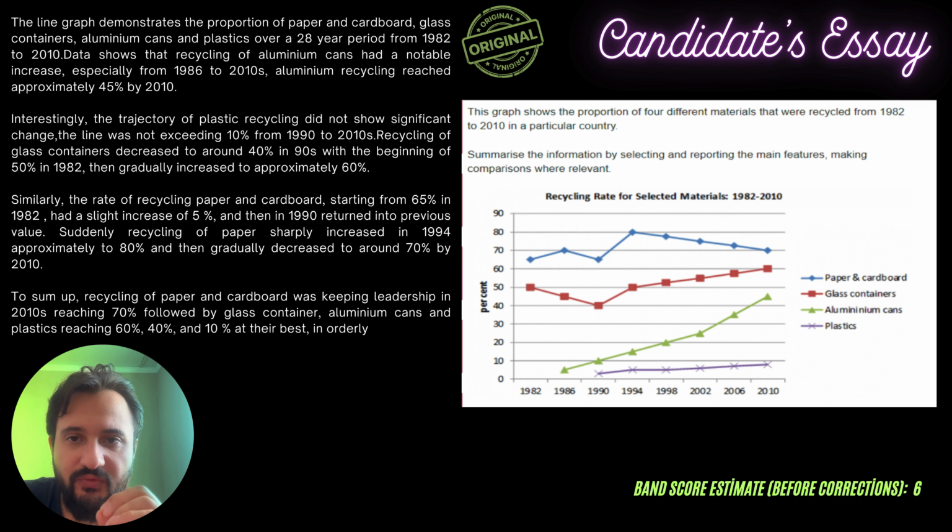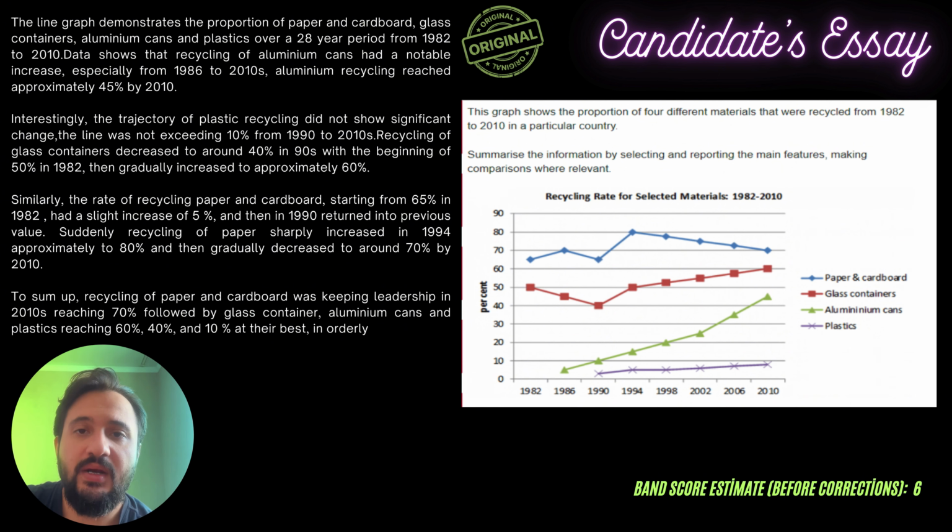Similarly, the rate of recycling paper and cardboard starting from 65% in 1982 had slight an increase of 5% and then in 1990 returned into previous value. Suddenly, recycling of paper sharply increased in 1994 approximately to 80% and then gradually decreased to around 70% by 2010.